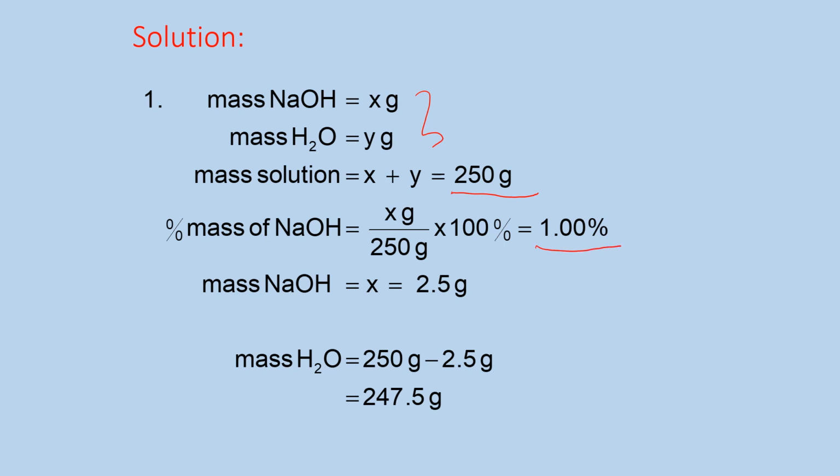And mass of NaOH is equal to X, and the mass is 2.5 gram. So the mass of H2O then, you find it from the mass of solution, which is 250 gram, minus the mass of NaOH, which is 2.5 gram. So the mass for H2O is 247.5 gram.